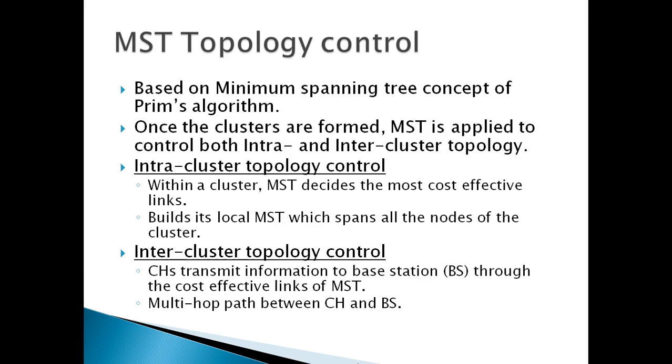Once the clusters are formed, you run MST inside the cluster as well as on the cluster heads that come from the clusters. And one thing that's really important to know, as I said before, is that between cluster head and base station you can have multiple hops, while between cluster heads and cluster nodes you can have just one hop.